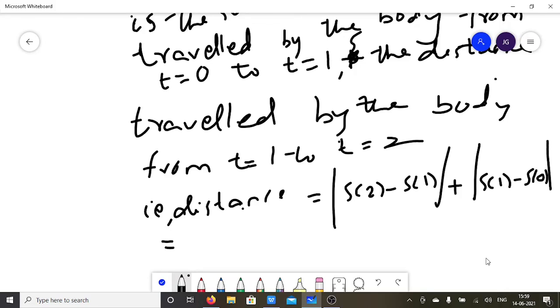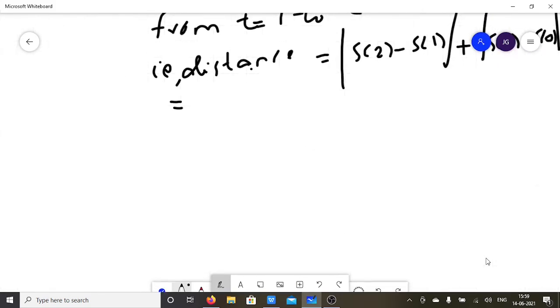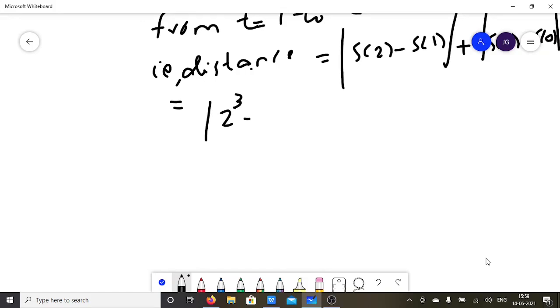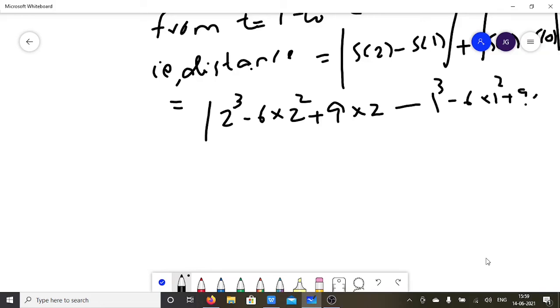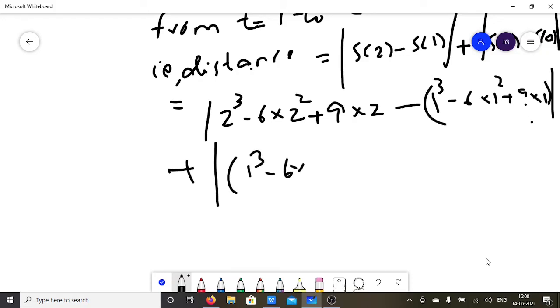So s of 2 is equal to, s is t cube minus 6t square plus 9t, so 2 cube minus 6 into 2 square plus 9 into 2, minus 1 cube minus 6 into 1 square plus 9 into 1, plus modulus of 1 cube minus 6 into 1 square plus 9 into 1 minus 0 cube minus 6 into 0 square plus 9 into 0.